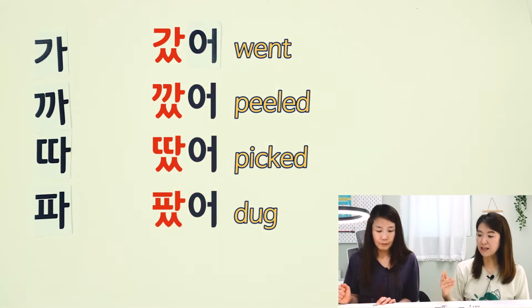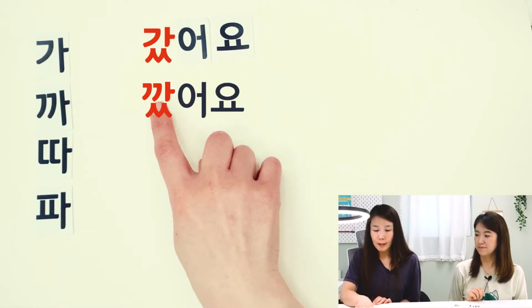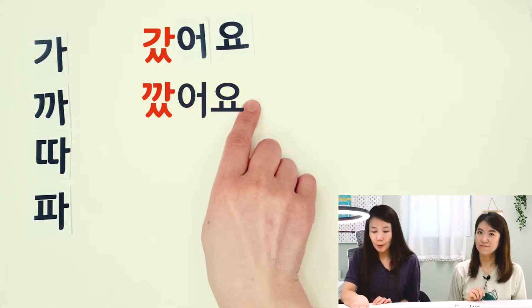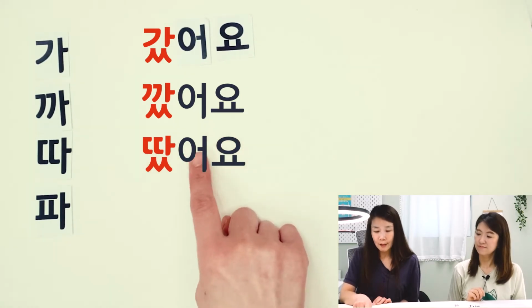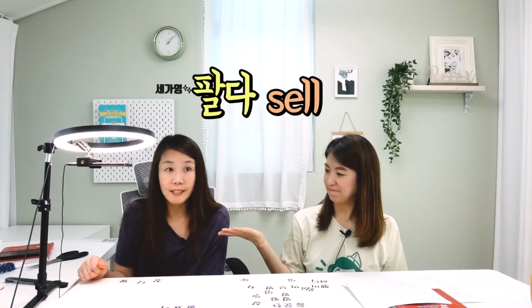And if you want to make the polite version, you can put 요 at the very end: 갔어요, 깠어요, 땄어요, 팠어요. 팔다 is sell.